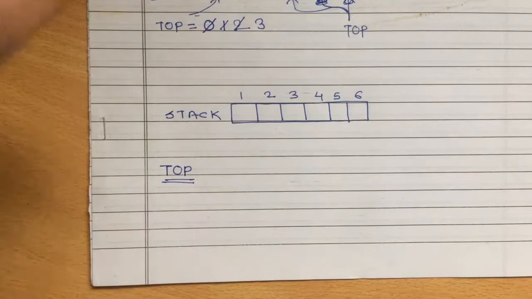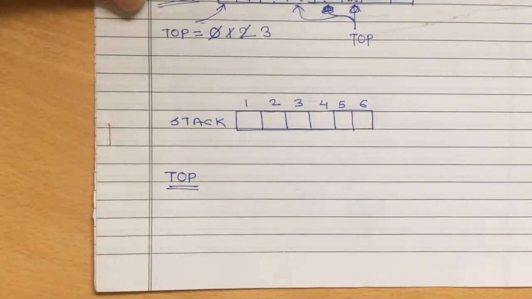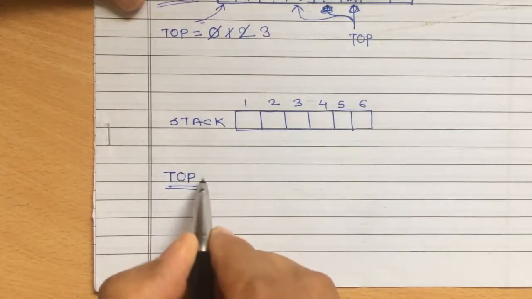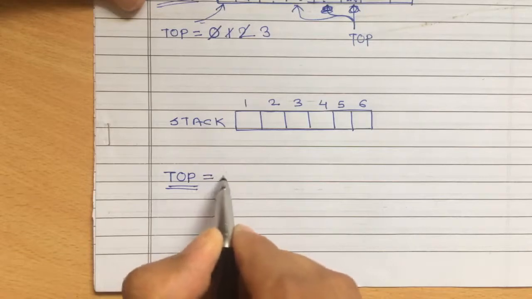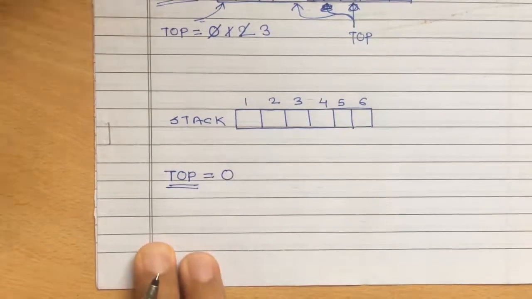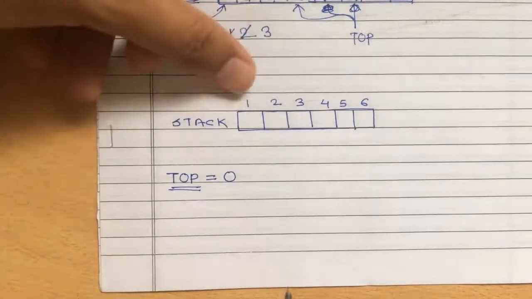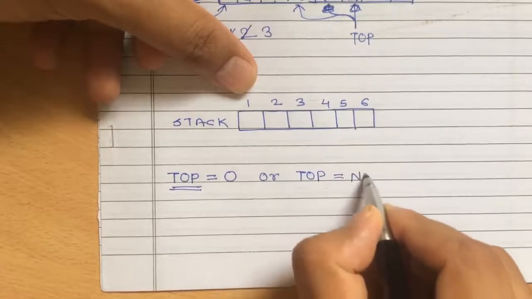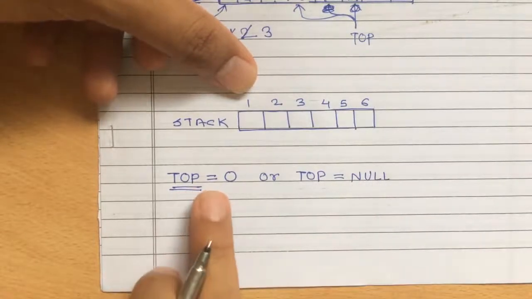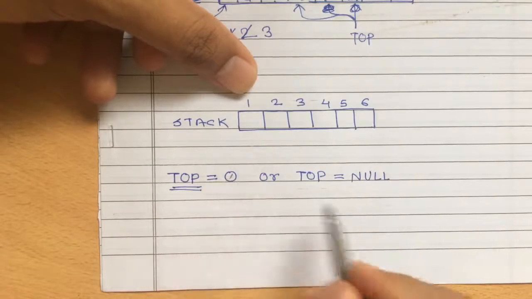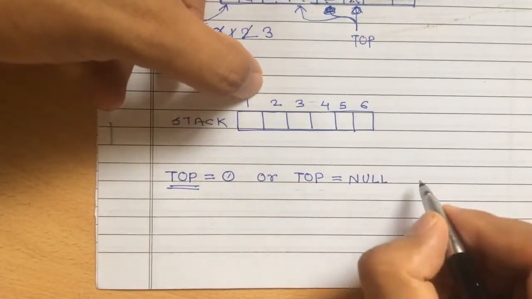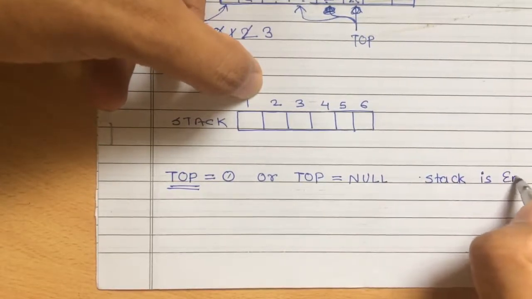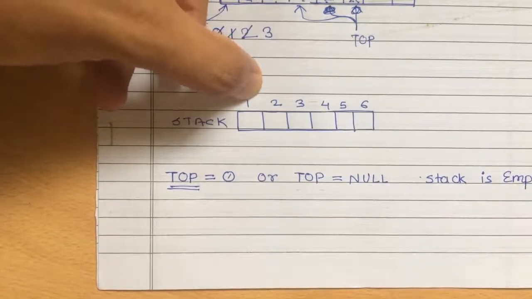Now consider this example. If you look over here, there is no element present in the stack. So when there is no element present, the value of top is 0. When the value of top is equal to 0, or when top is equal to null, what does it indicate? It indicates that your stack is empty.